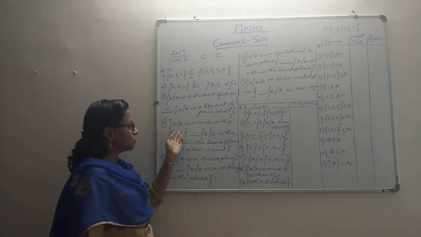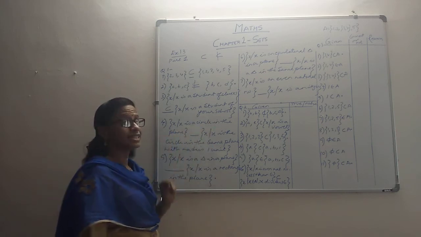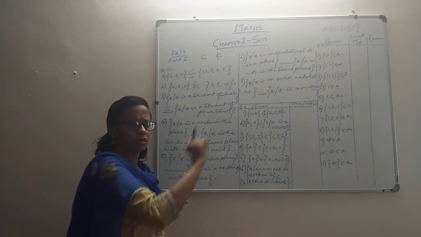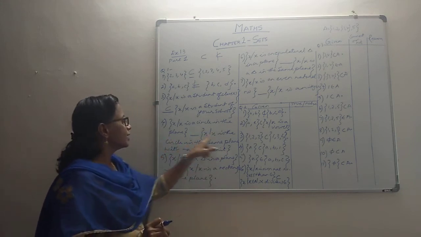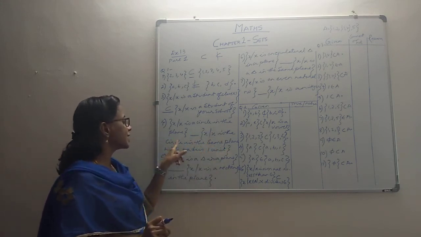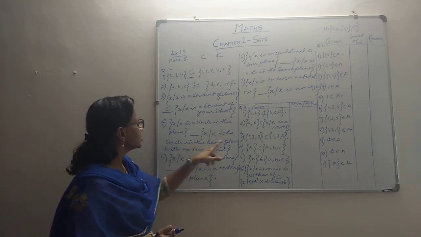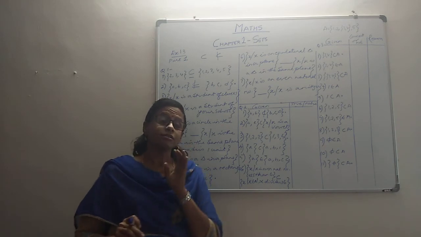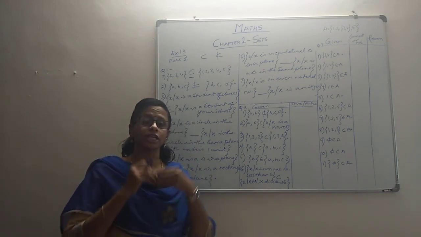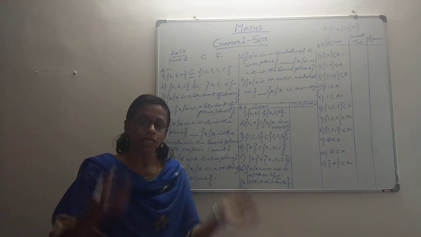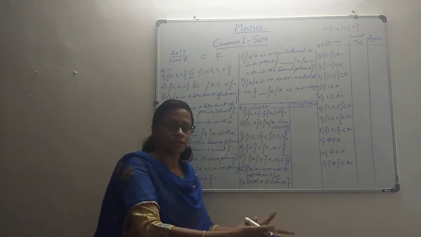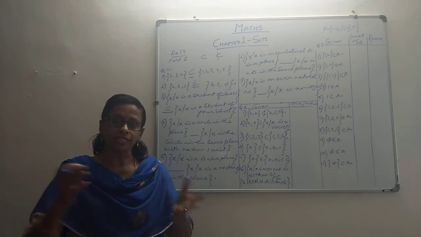Then we have the set of all x such that x is a circle in a plane. You take a plane, something like a paper or a board, and you have a circle there. Then the set of all x such that x is a circle in the same plane but with radius 1 unit. You can have circles with radius 2, 3, 4, 5, 1, 10, like that.